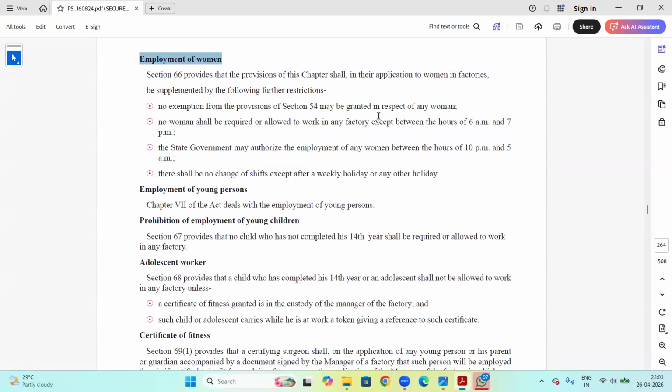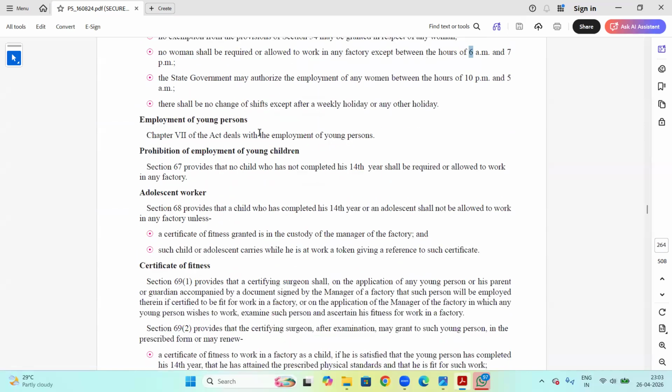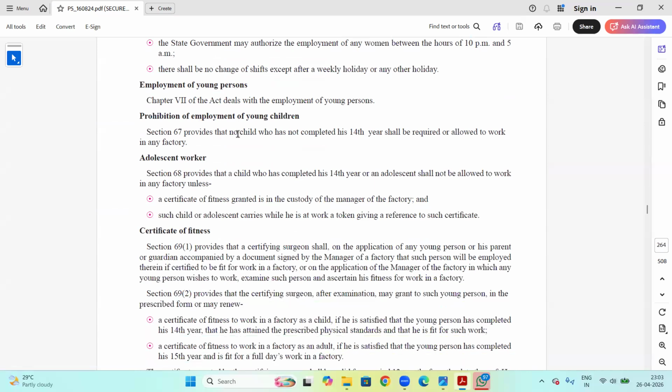Employment of women. You shall not allow a woman to work except between 6 a.m. and 7 p.m. With the approval of the state government, you can make a woman work between 10 p.m. and 5 a.m. A child who has not completed 14 years shall not be allowed to work.